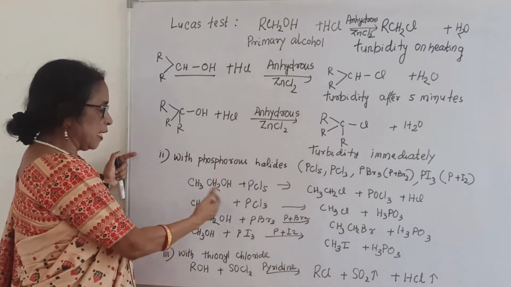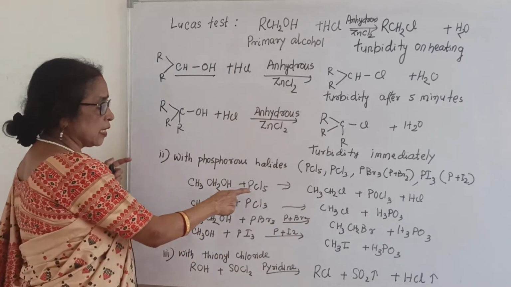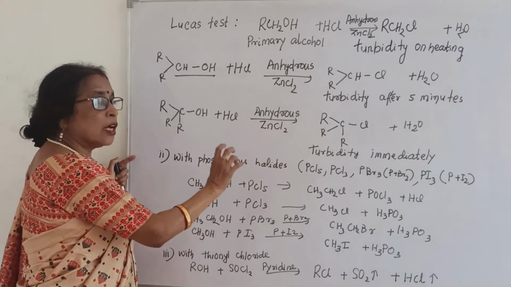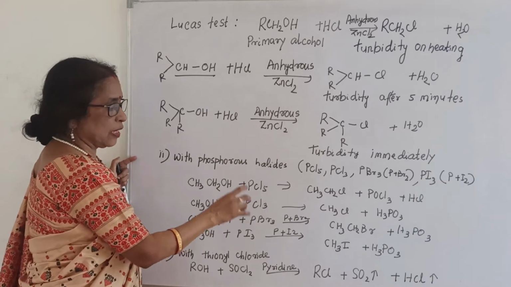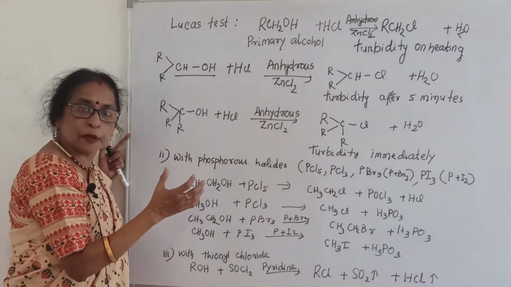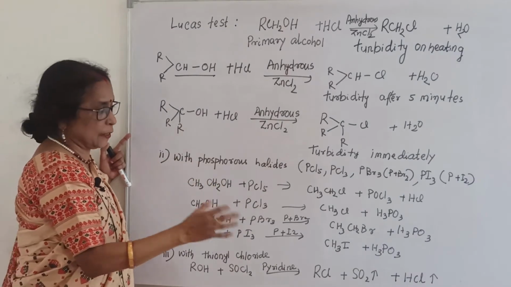Similarly, if you take PCl3, here 5 chlorine atoms, there 3 chlorine atoms, so the byproduct is different. The byproduct here is H3PO3, which is phosphorous acid.